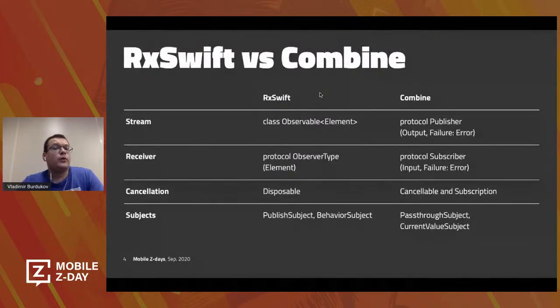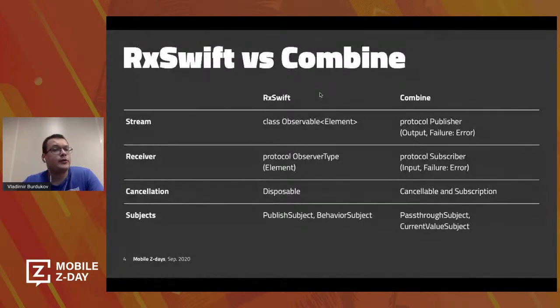So if we want to create a stream in Combine, we need to adopt this protocol and declare exact types for our stream. If we decide that we don't need to declare any error, so if we are sure that our stream cannot fail, we can declare the failure type as Never. Okay, the next core part of a reactive programming library is receivers.